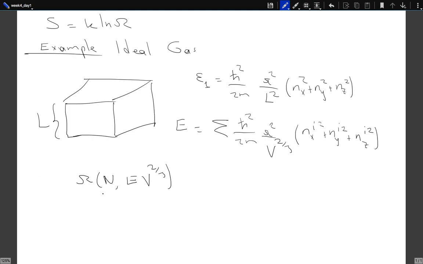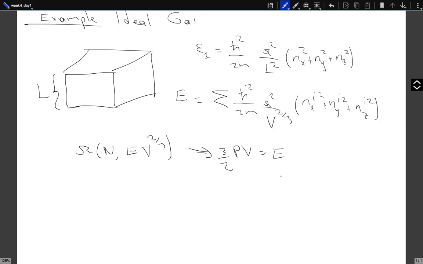And then we said that we had already derived that since this is true, 3/2 PV should be equal to the energy. Furthermore, another thing that we can read straight away from this observation is that entropy, which we had defined as logarithm of omega, is itself a function of N and E times V to the 2/3.